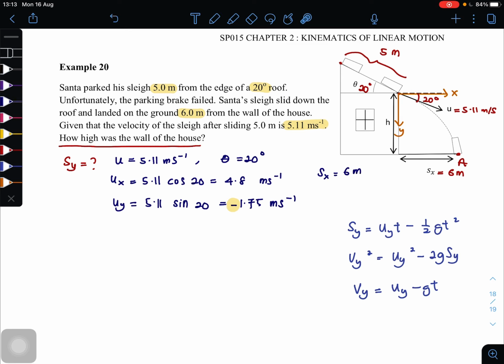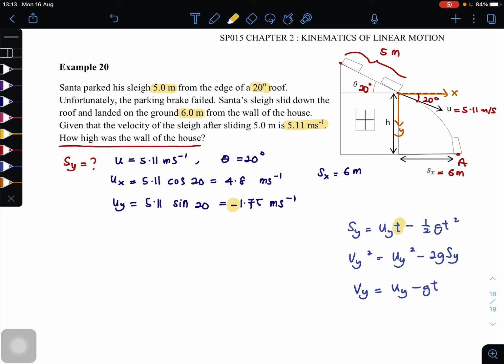Okay, now we want to find SY. In order to find SY, we can either use this equation or this equation. Okay, if we want to use this equation, we have UY, which is this one, but we don't have the value for t.